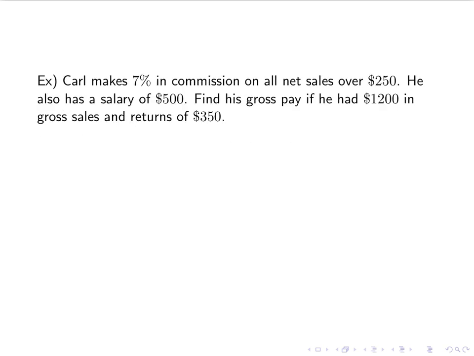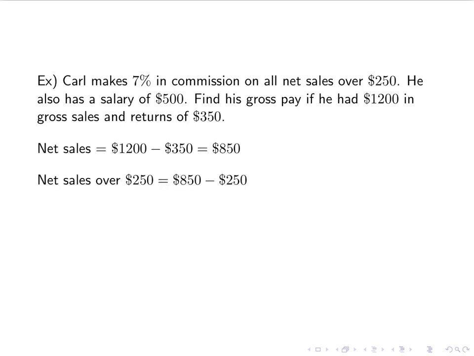For the last commission problem, Carl makes 7% in commission on all net sales over $250. He also has a salary of $500. Find his gross pay if he had $1,200 in gross sales and returns of $350. So his net sales is $1,200 minus the returns of $350, which is $850.